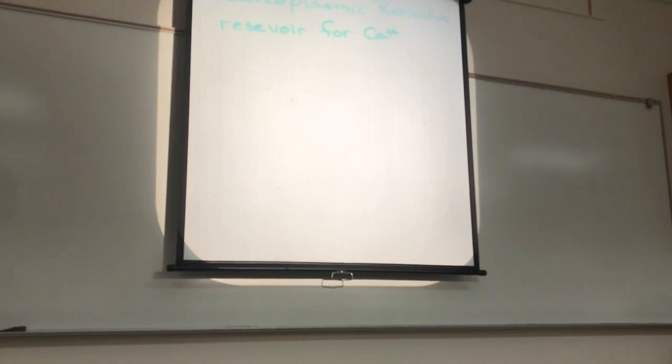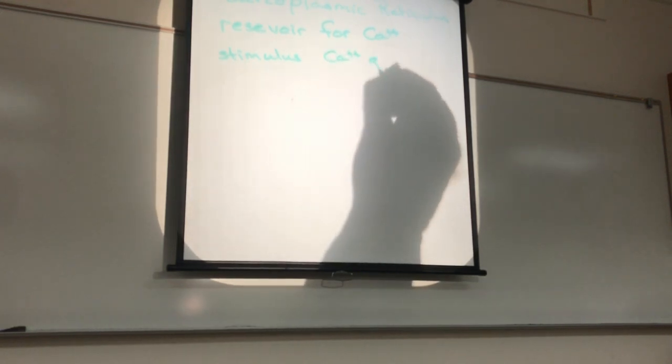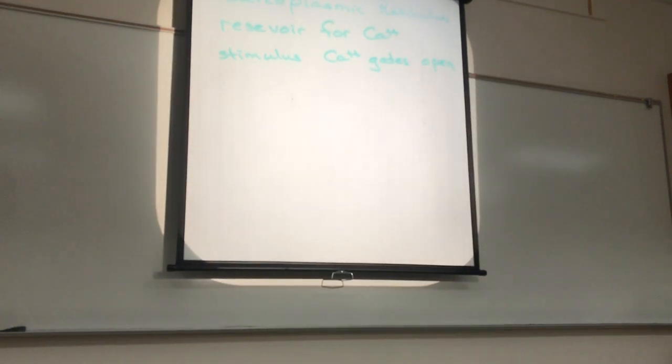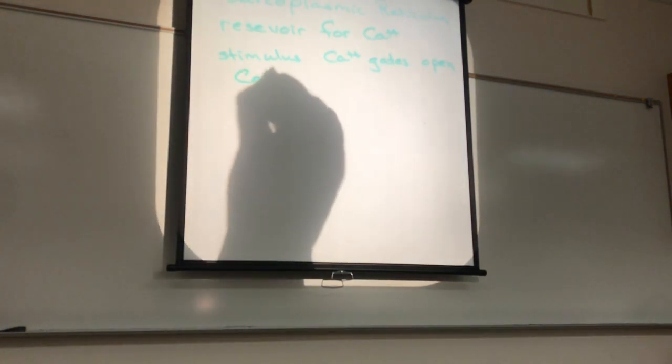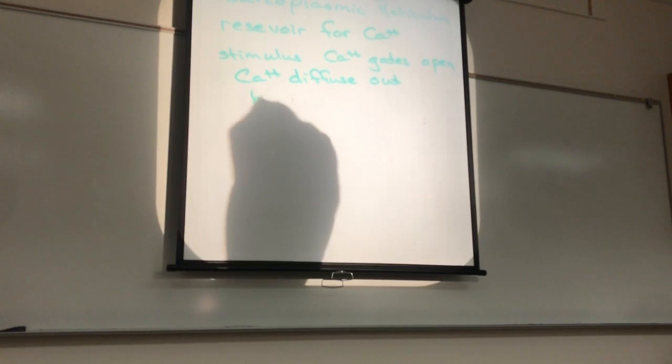When the muscle cell is stimulated to contract, that stimulus causes calcium gates in the sarcoplasmic reticulum to open. There's a high concentration of calcium inside the organelle and a lower concentration of calcium outside the organelle. So calcium ions diffuse out and bind to the troponin.